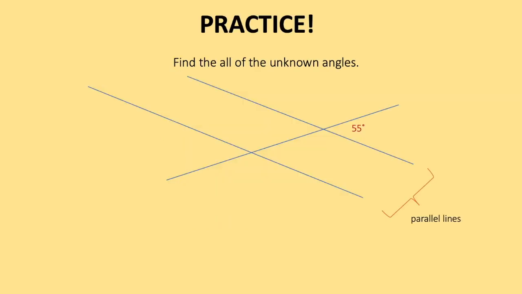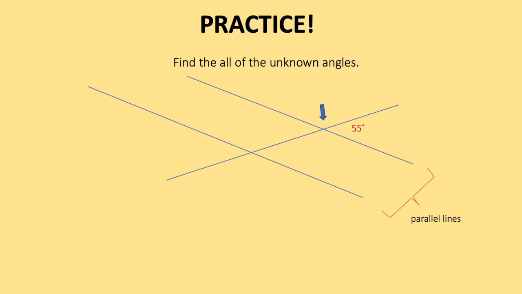Let's practice. Let's find all of the unknown angles. So we know that the angle on the very right there is 55 degrees. And there are multiple ways you can approach this because there are two complementary angles and one vertical angle.